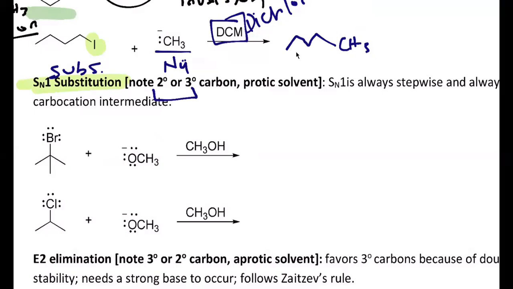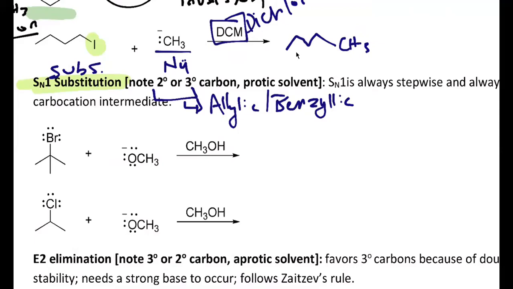You can also throw in, based on the list I showed you on Friday, allylic and benzylic carbons. The reason those are preferred is because of the carbocation intermediate that the mechanism goes through.